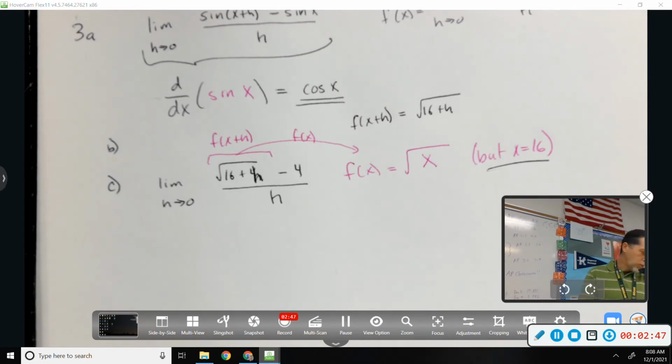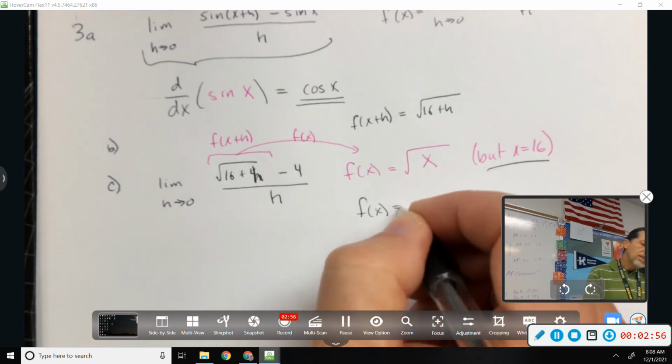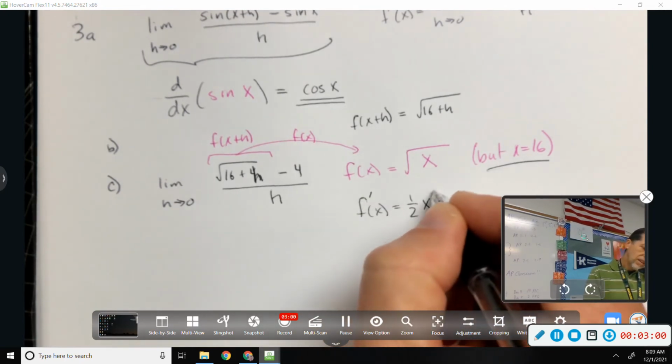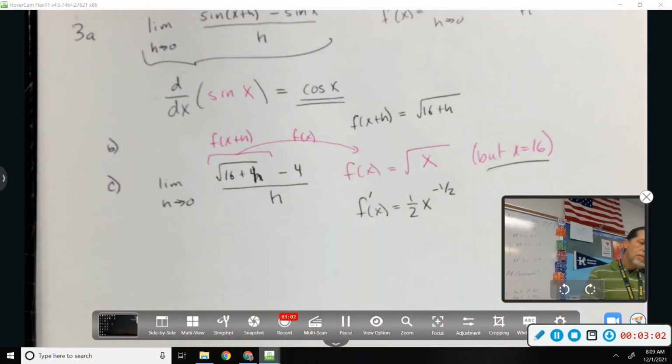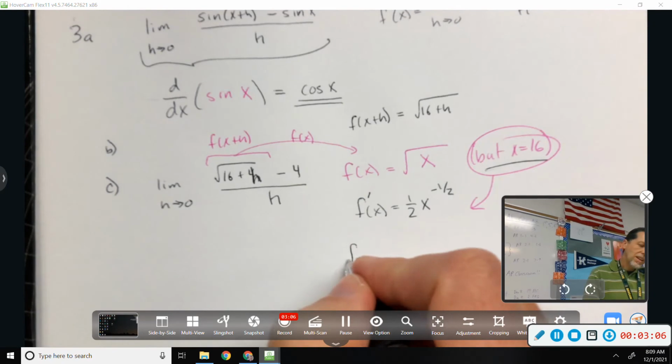This one's tricky. I'll grant you that, and D is like it as well. So is the derivative just x to the 1/2? Well, 1/2. Go ahead. Derivative then is 1/2 x to the negative 1/2. Right. But x equals 16, so we need to plug in 16.